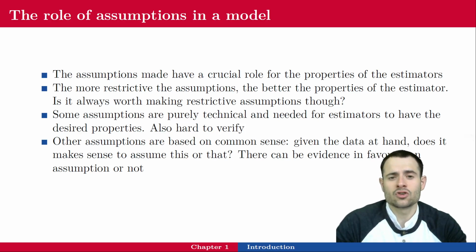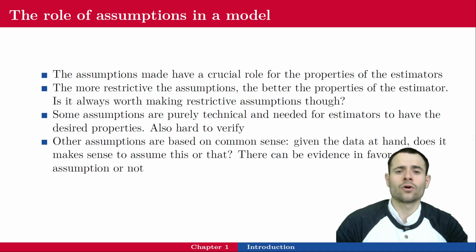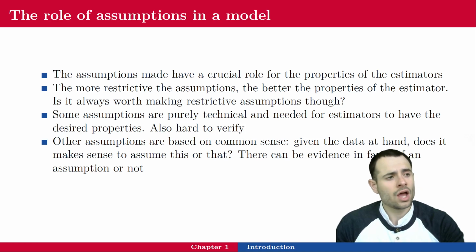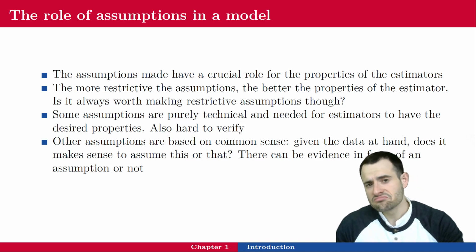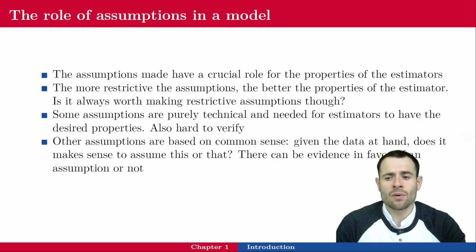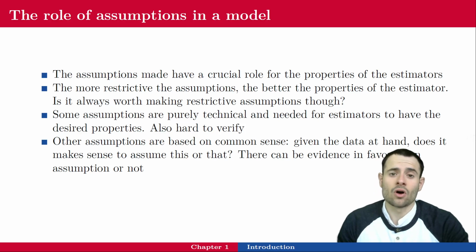I mentioned assuming a normal distribution. You can look for a normal distribution in the data, and if you see it, then maybe you can tell your audience, yeah, I think it's normal, look at it, looks pretty normal to me, so I am going to make this assumption to have better properties for my estimator. But sometimes there is evidence in favor of an assumption or not.